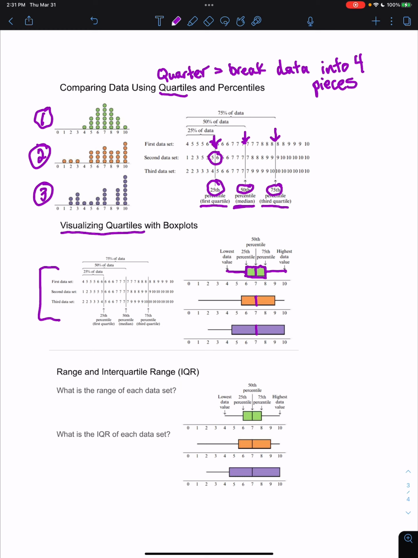They have very different first quartile and third quartile numbers. And in fact, if we look at this third data set, there's no whisker. So the third quartile does represent the highest value as well. So yeah, just some interesting observations from our box plot.